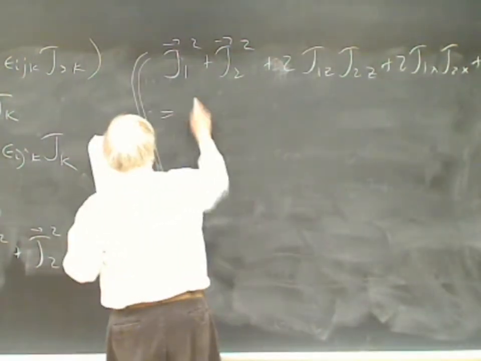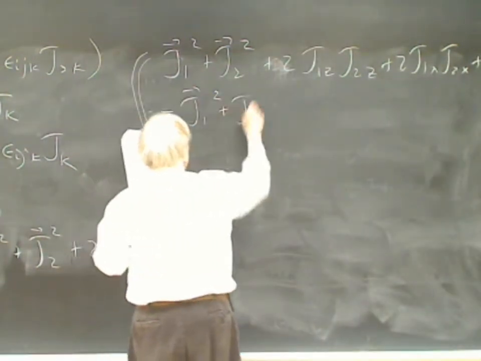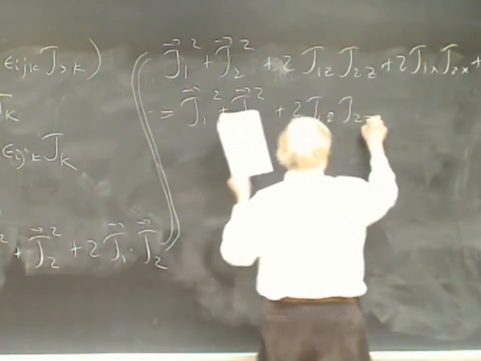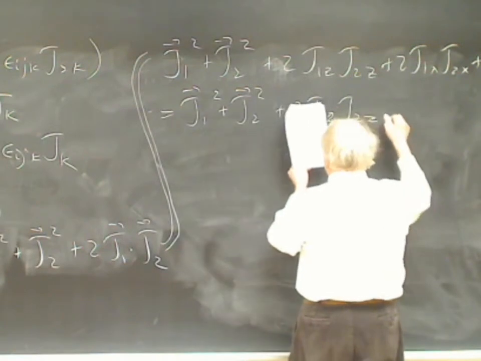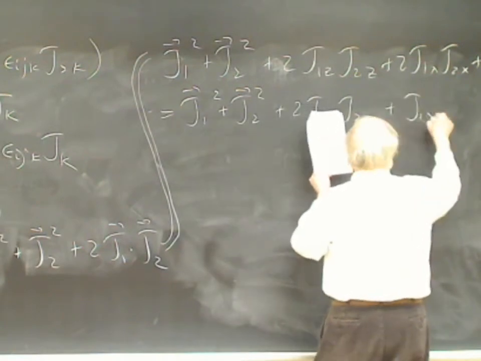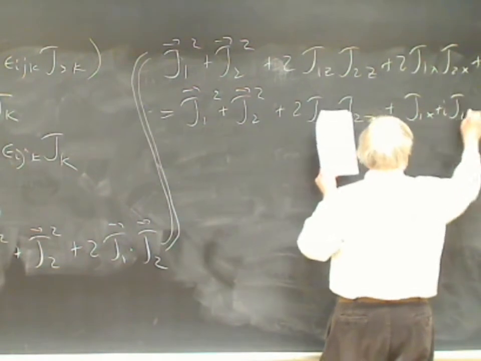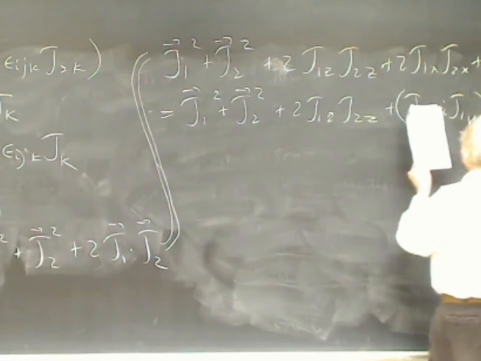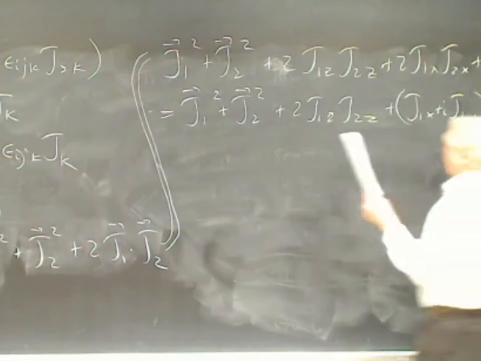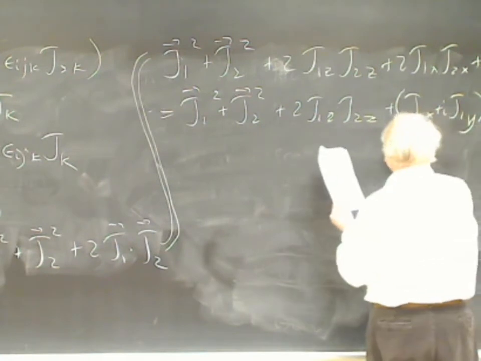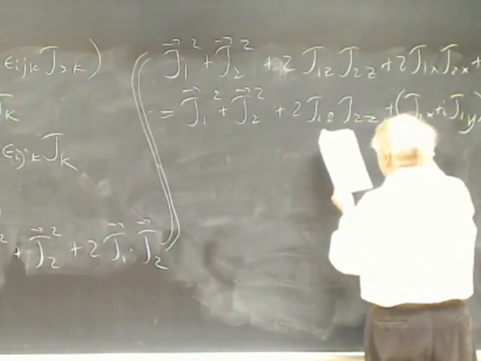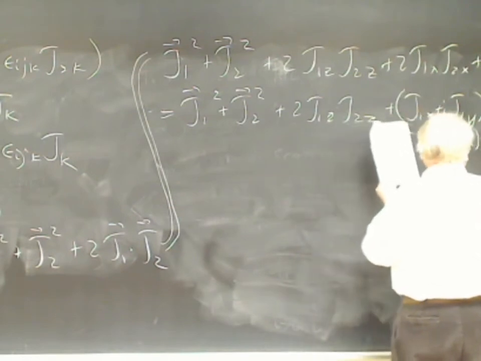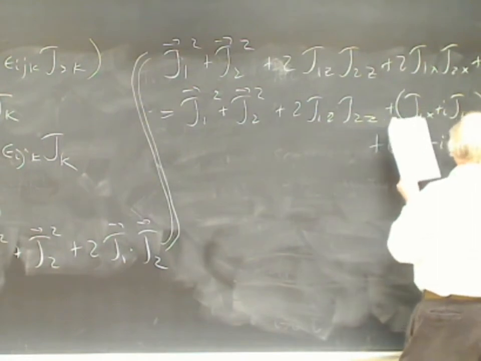And we can rewrite that as J1 squared plus J2 squared plus 2 J1Z J2Z plus J1X plus I J1Y times J2X minus I J2Y, plus J1X minus I J1Y times J2X plus I J2Y.